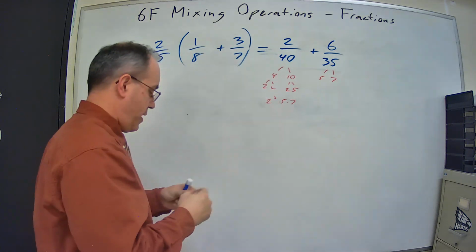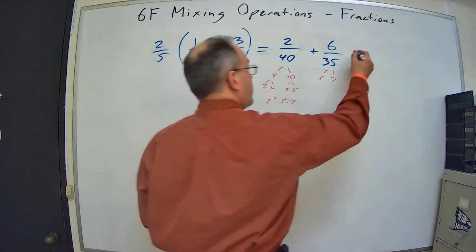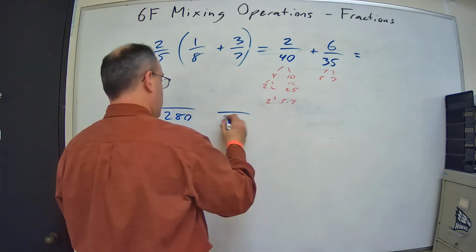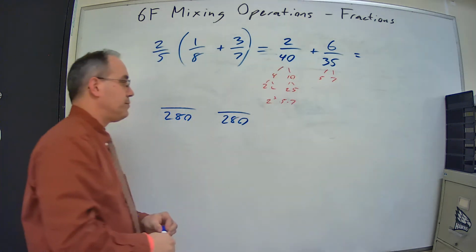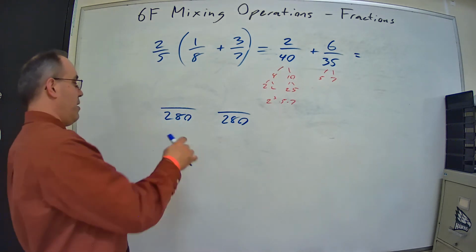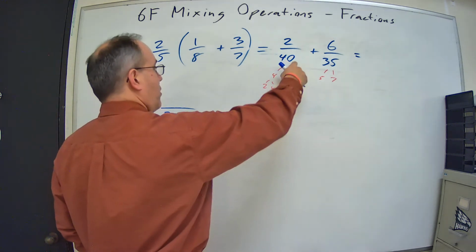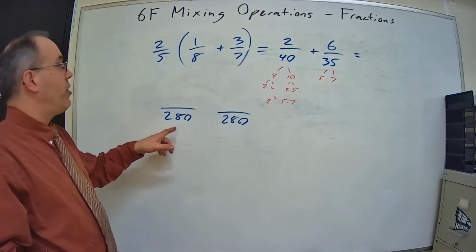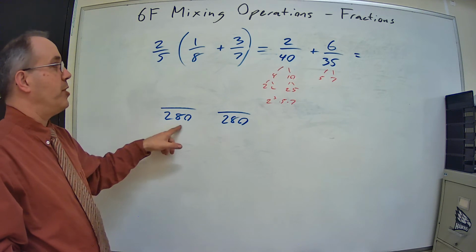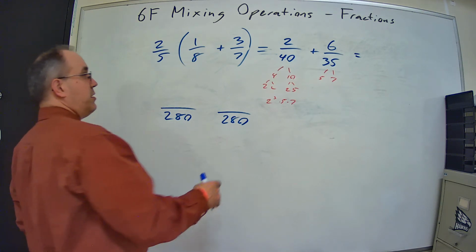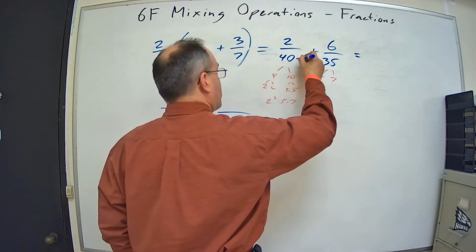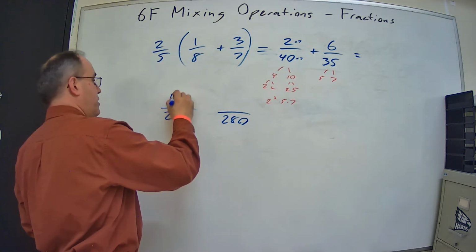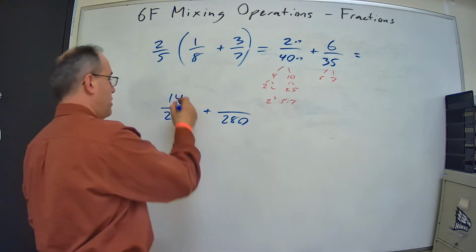So 280 is going to be my common denominator. So we're going to put equals here, 280, 280. Okay, so 40 times what would give me 280? 40 times 7 will give me 280. So times 7, times 7. 2 times 7 is 14. And don't forget our plus in here.